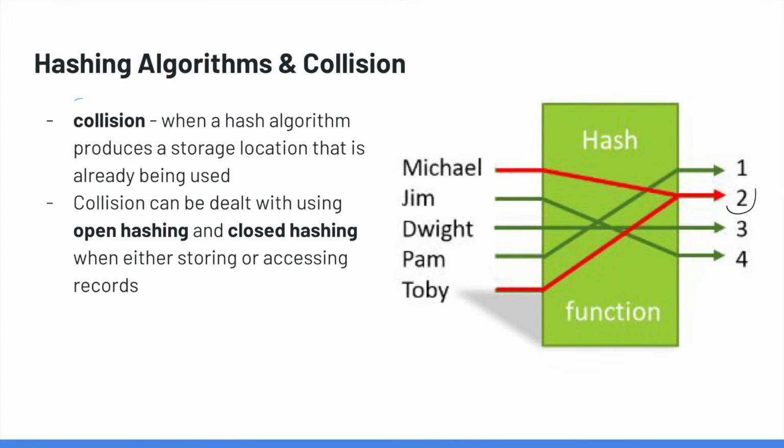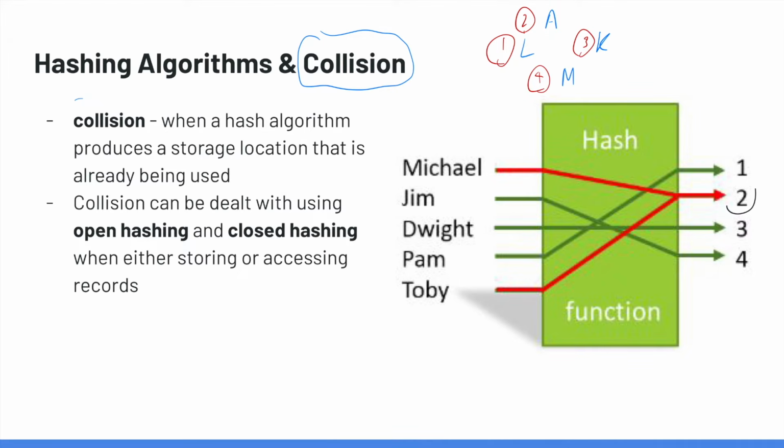Now, when we're talking about hashing algorithms, we need to consider the problem of collision. Sometimes when we employ hashing algorithms, they produce the same position given different keys. So going back to our ALKM example, let's say this has index 1, index 2, index 3, and index 4.